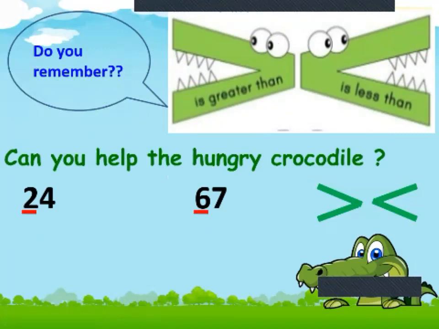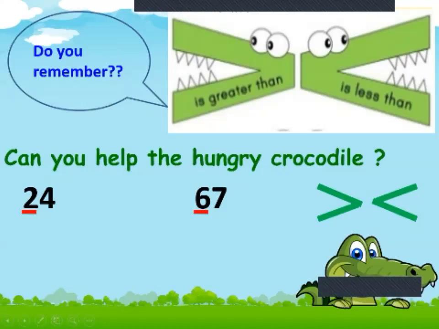I am underlining the place value, the tens place, 2 and 6. And which is the big number? 6. So, the crocodile will open its mouth to the big number.